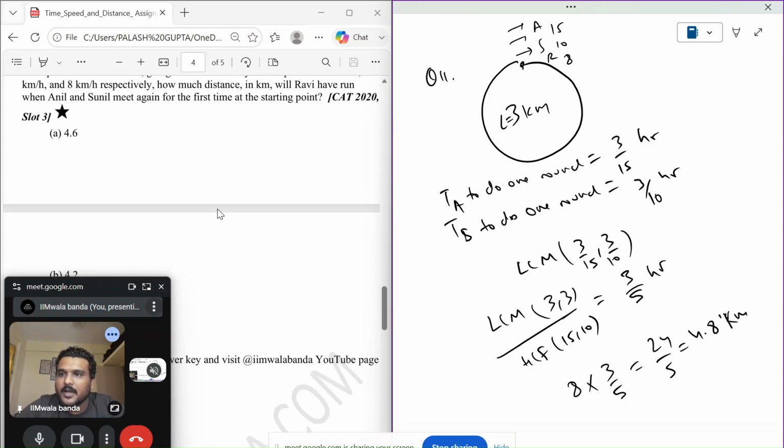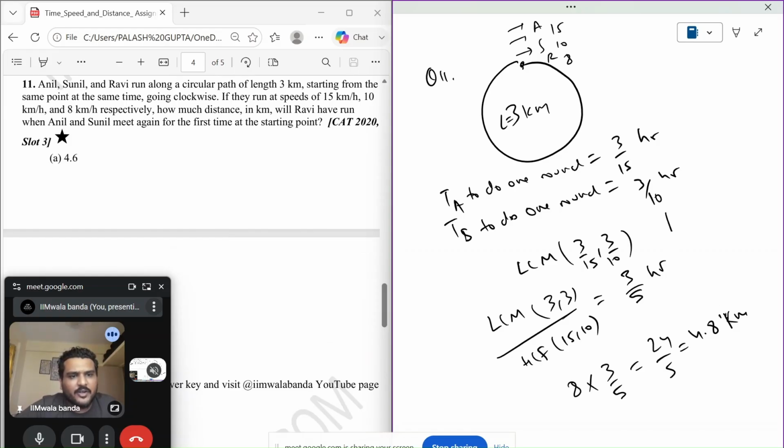Yeah. In fact, you could have converted this also into minutes. If I write it in minutes, this into 60 is 12 minutes, and this into 60 is 18 minutes. So now you can do LCM of 18 and 12, which is what? 6 twos are 12, 6 threes are 18, 6 into 6, 36 minutes, sorry.